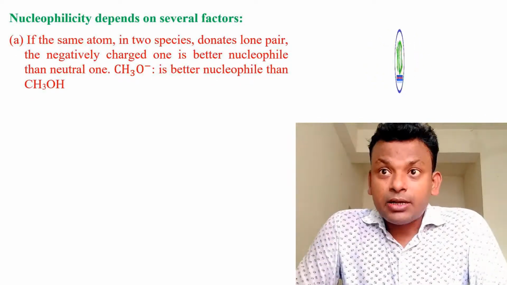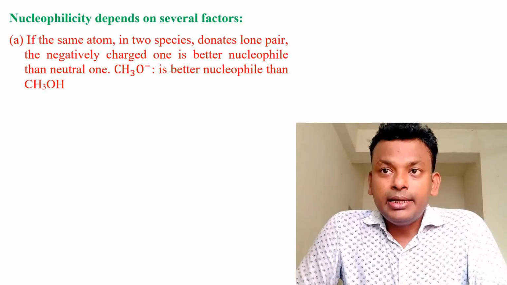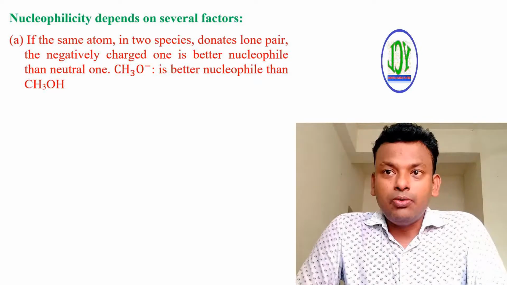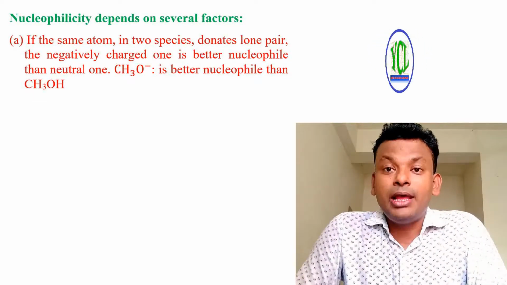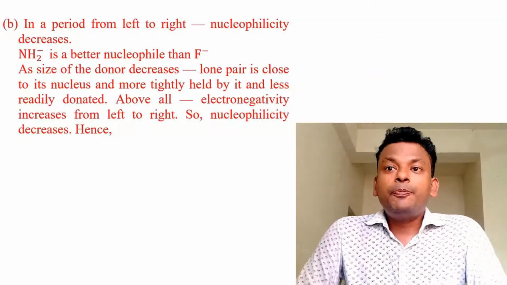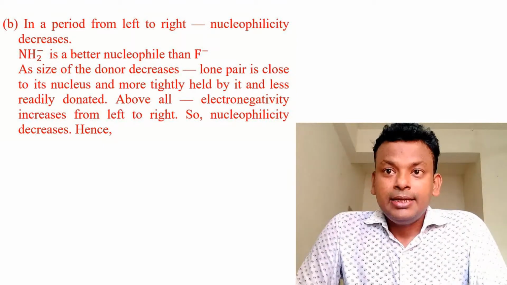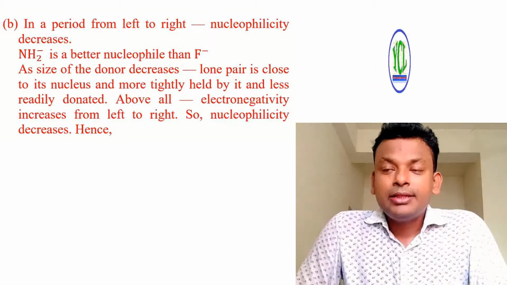if the same atom in two species donates a lone pair, the negatively charged one is a better nucleophile than the neutral one. That is, CH3O negative is a better nucleophile than CH3OH. Second, in a period from left to right, nucleophilicity decreases. For example, NH2 negative is a better nucleophile than F negative.